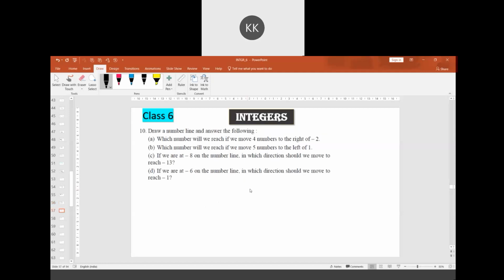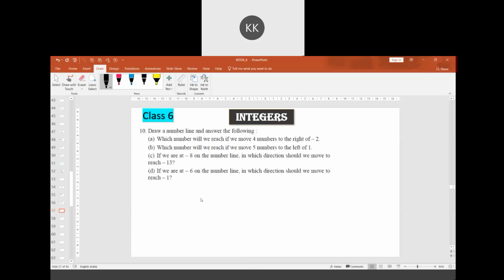Now question number 10. You need to draw the number line and answer the following questions. The first question is, which number will we reach if we move 4 numbers to the right of minus 2?